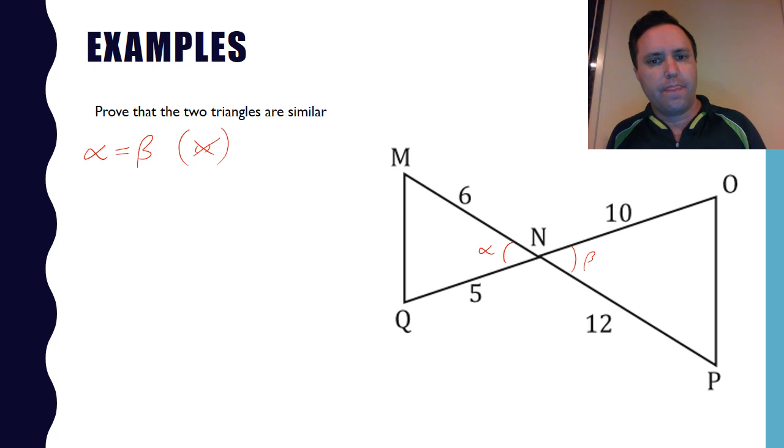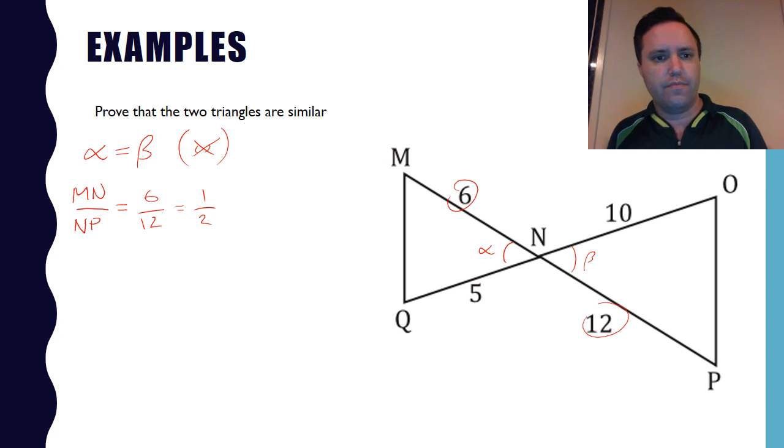We can say MN over NP, which is this over this, is equal to 6 over 12, which is 1 over 2. Then let's have a look at our other sides that we know, 5 and 10. So NQ over NO is equal to 5 over 10, which is equal to 1 over 2.